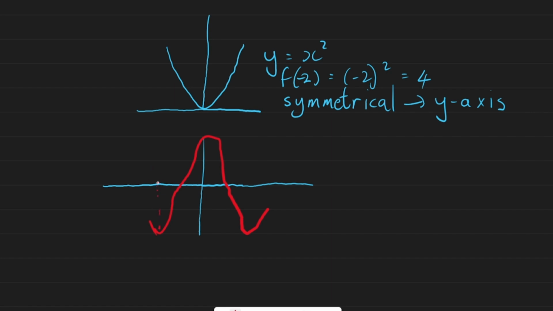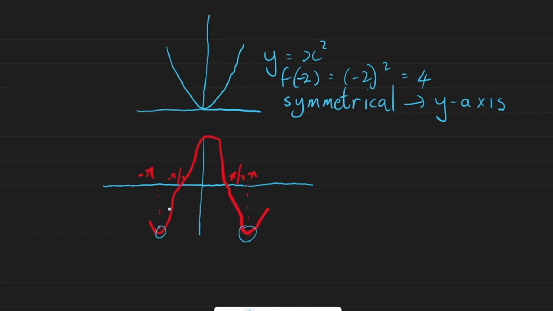So that's minus pi, that's minus pi over 2, that's 0, that is pi over 2, and that's pi. We can see that we get minus 1 at minus pi there, and we also get minus 1 at pi.